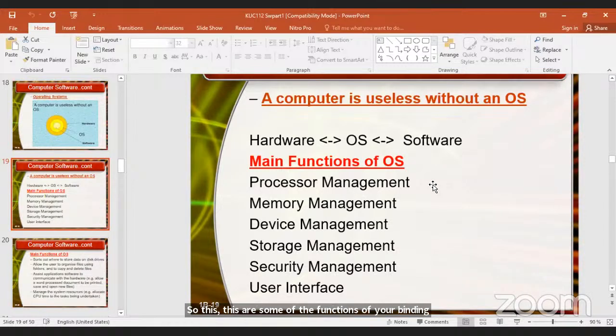Just note them down. We shall be able to explain well in our next slide. So let me give you 1 minute to note down the functions of the operating system. If you don't see what I'm displaying, during the orientation, I remember showing you how to change your orientation.